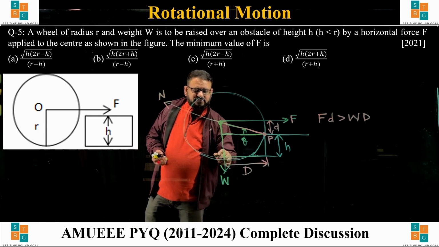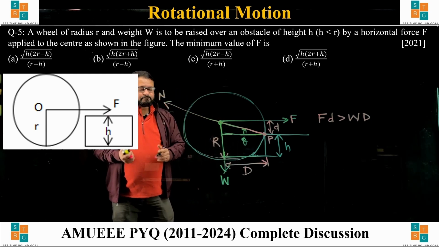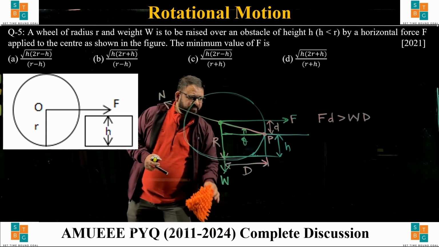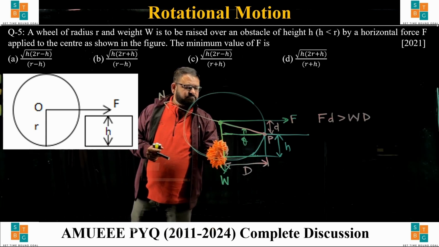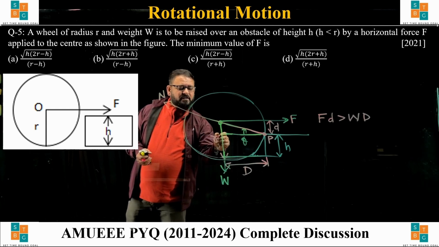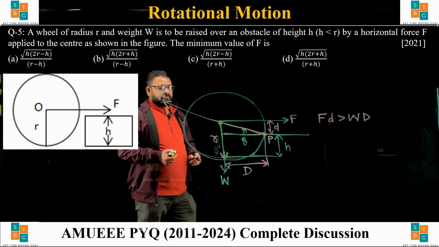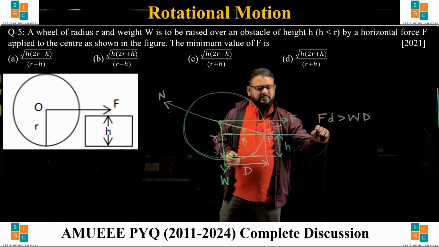This is just a geometry problem. So this is the radius R. Now, in the problem, they have written it as small r. So let's take as given small r is the radius. Right. So how much is d?